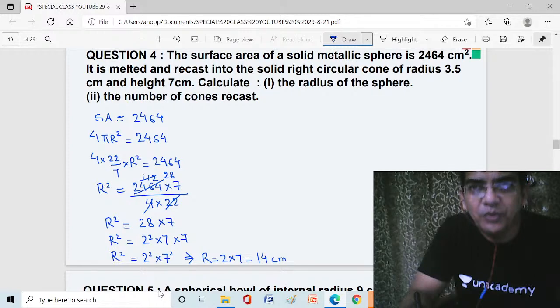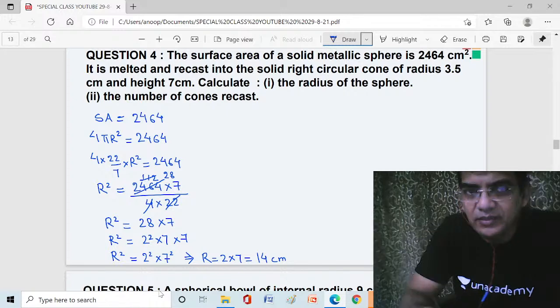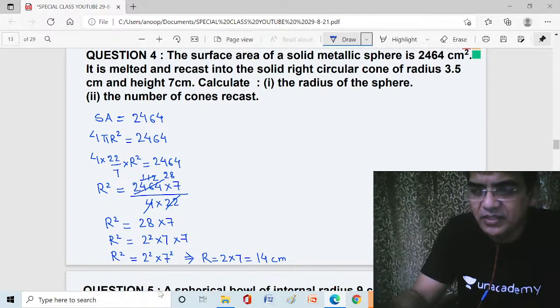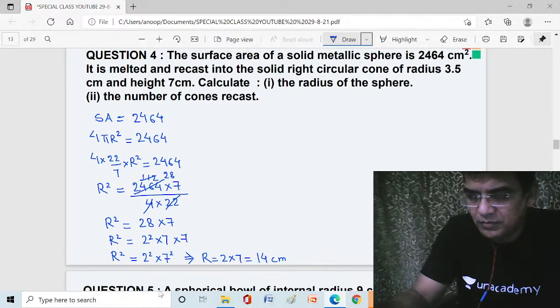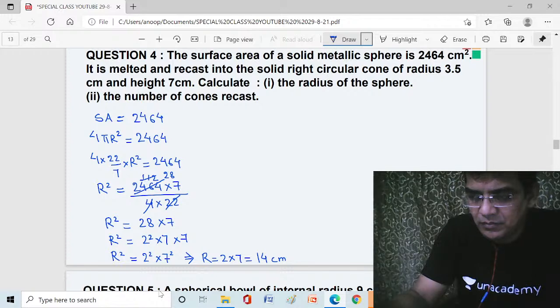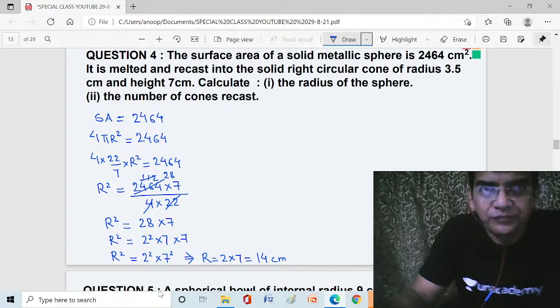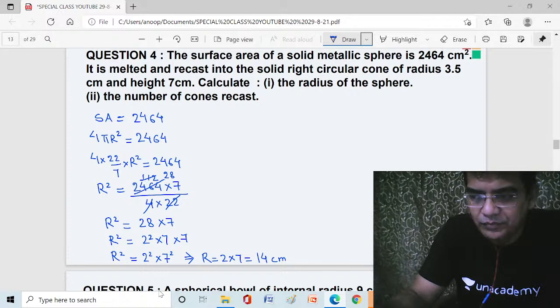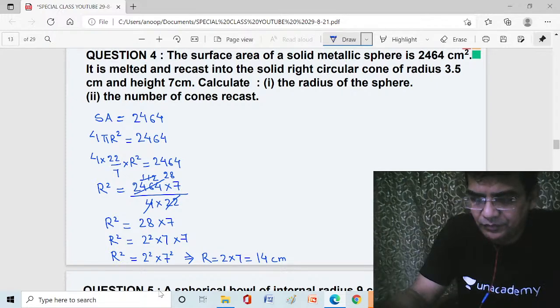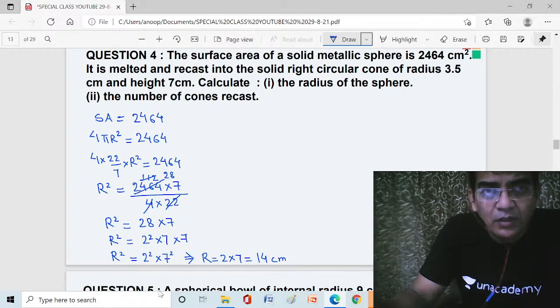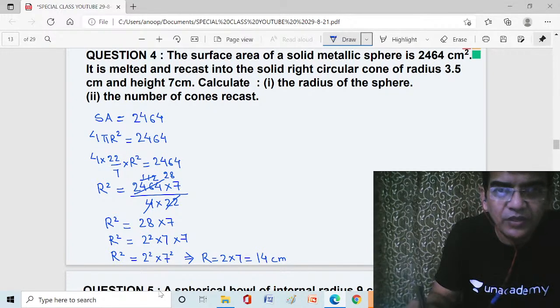Surface area was given to us, so we applied the formula for surface area. See, 4 pi r square, that is the formula for the surface area. So after getting the formula for the surface area, we have got the radius.